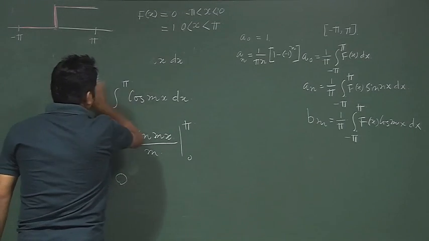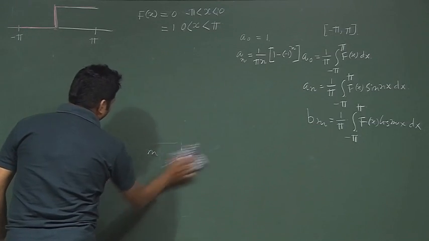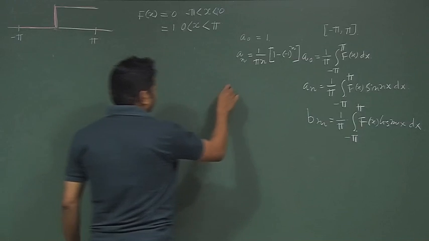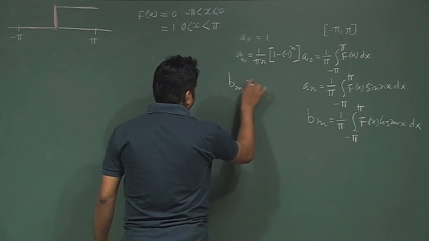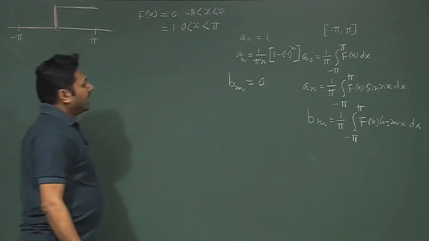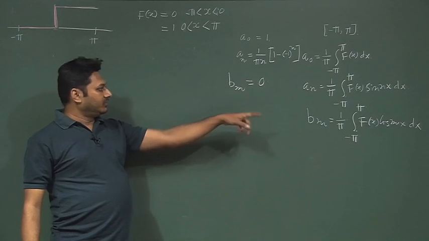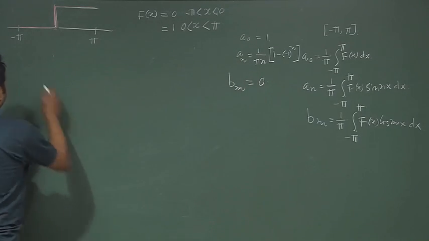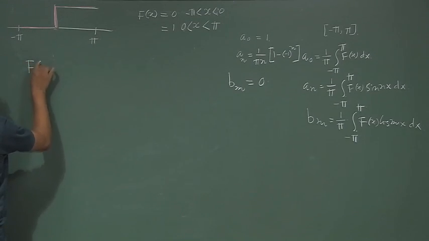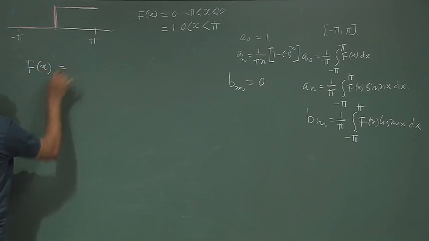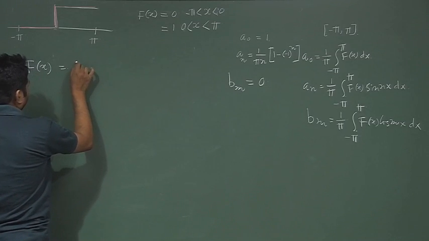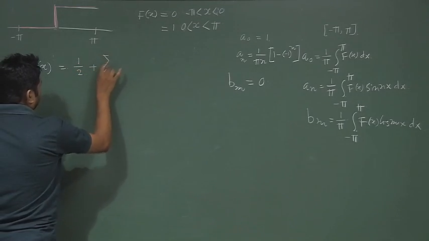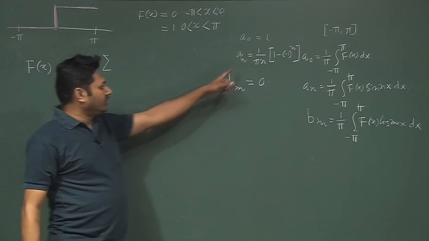So, that means I have calculated all the Fourier coefficients in order to expand the Fourier series. Now if I write the total function by using those coefficients, my function f(x) will be a0 by 2, that means half, plus summation of an, which is not equal to 0, but bn is 0.